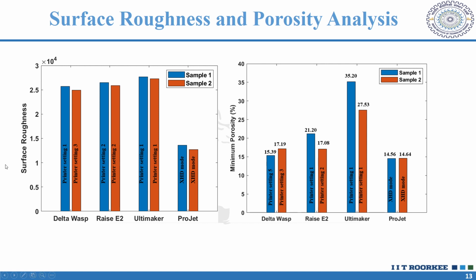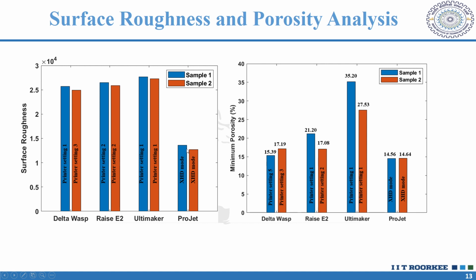In case of sample one printed from Delta Wasp, the first printer setting listed in sample 1 is the optimal setting. For sample 2, third printer setting. And for Raise E2, for both the samples second printer setting is good, and for Ultimaker first printer setting is the optimal setting.